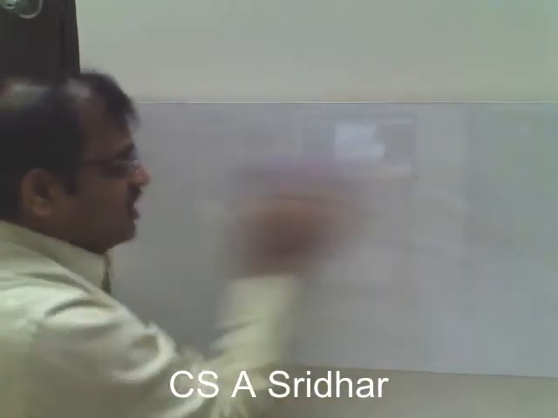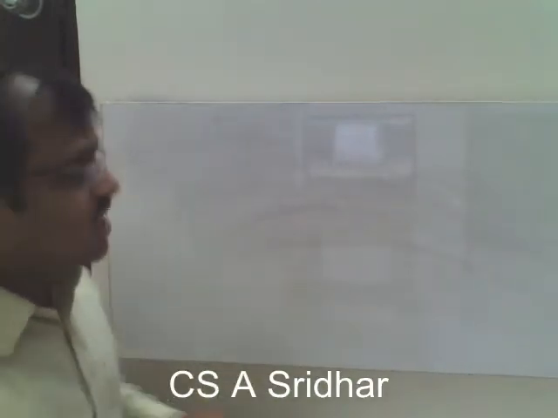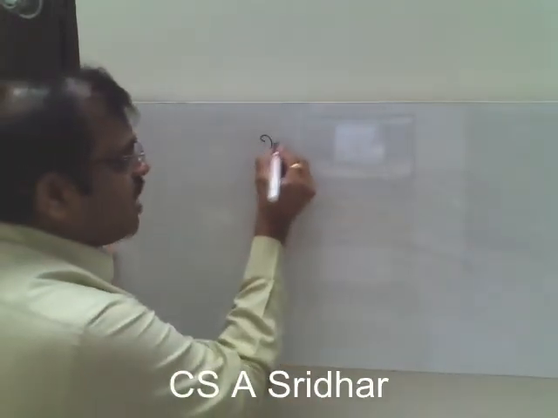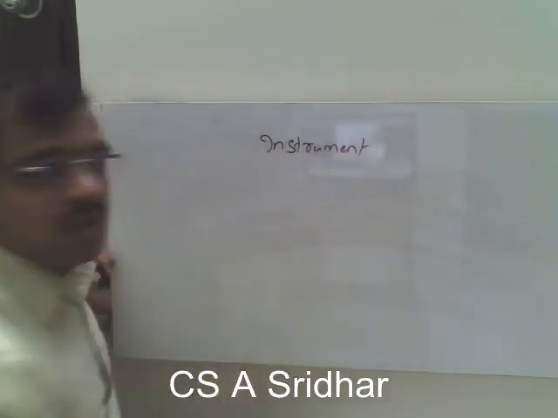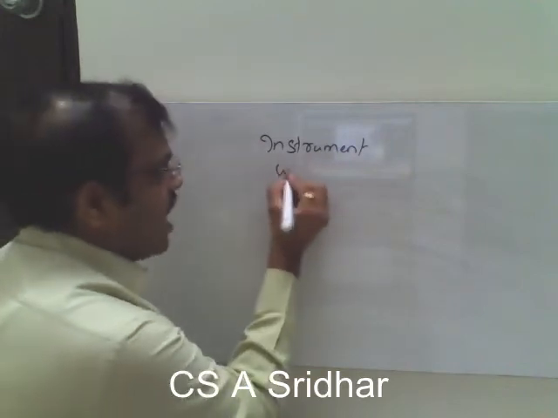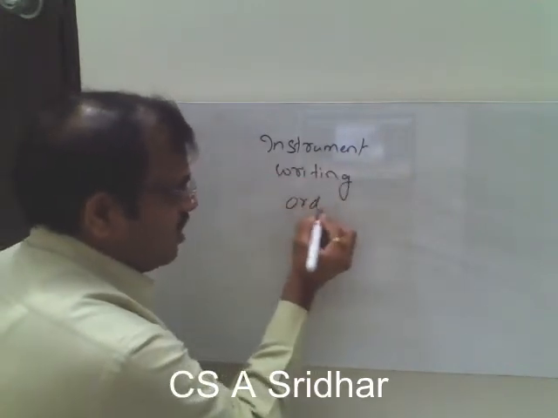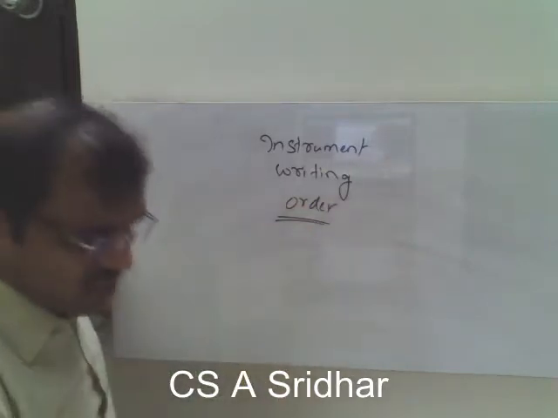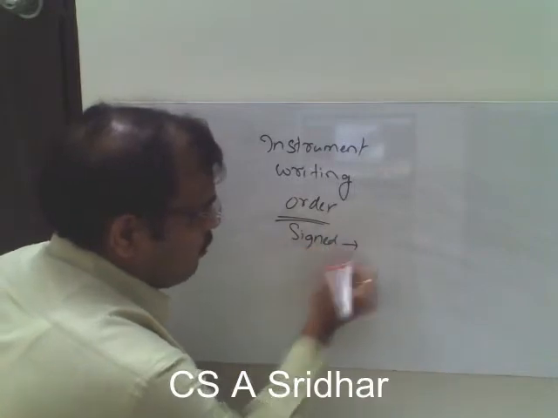So what are all the essentials? We can derive the essentials from the definition itself. Bills of exchange has to be an instrument. It shall be in writing, and it is having the unconditional order, and it shall be signed.